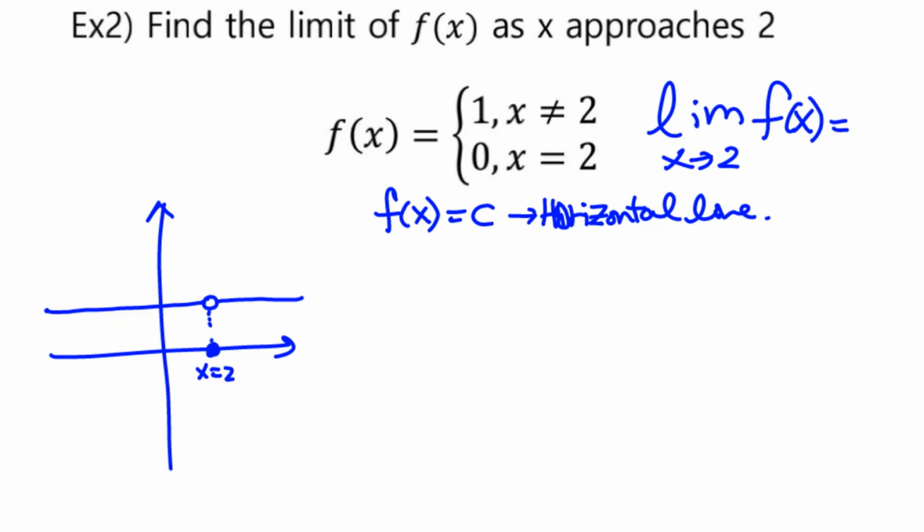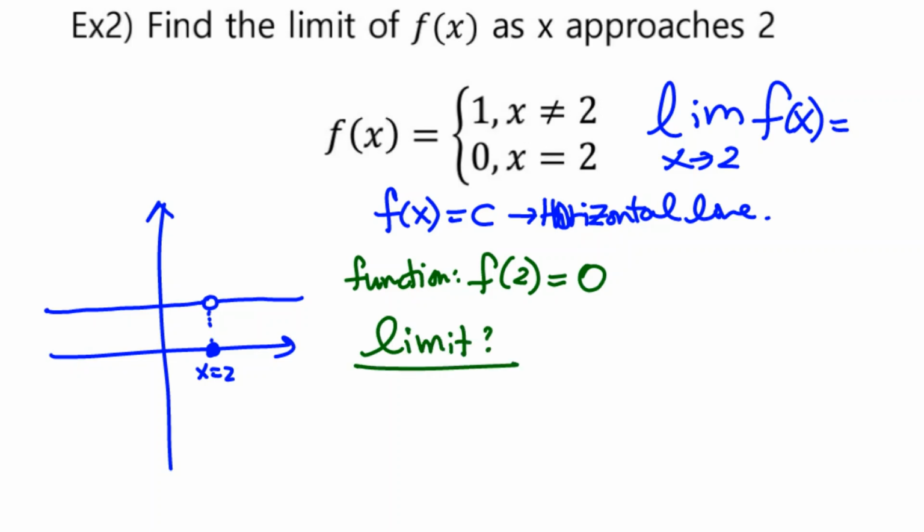So this point is a part of the graph. So we see that f of 2, which is the function value, okay, so exactly at 2, the value is 0, right? But how about the limit? Okay, would it be the same answer, like 0? Let's see. X is getting closer and closer and closer, not exactly at 2, but very, very close to 2.